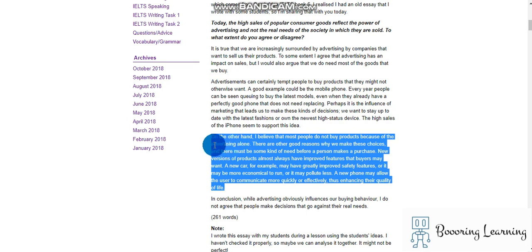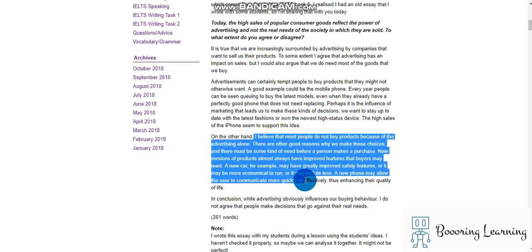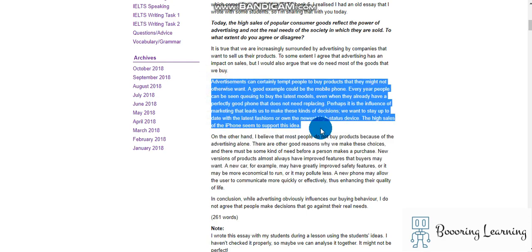As you see, "on the other hand" is used, so it means that in that paragraph disadvantages are listed. Okay, let's keep reading.